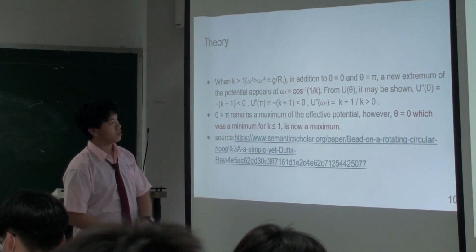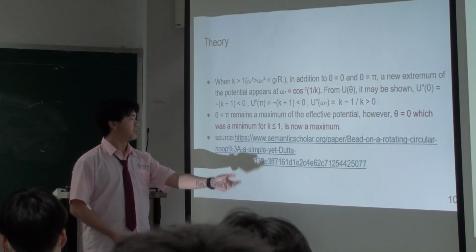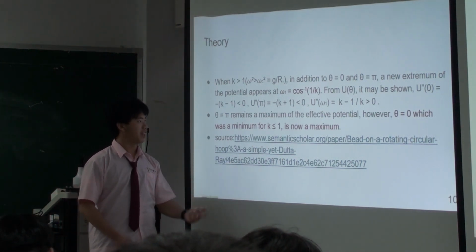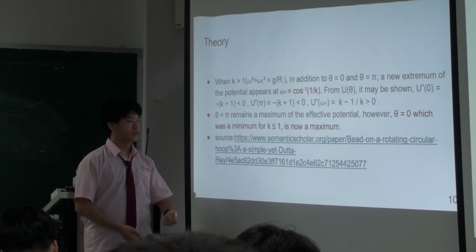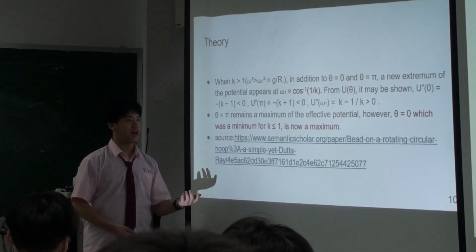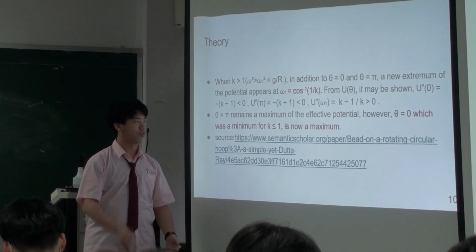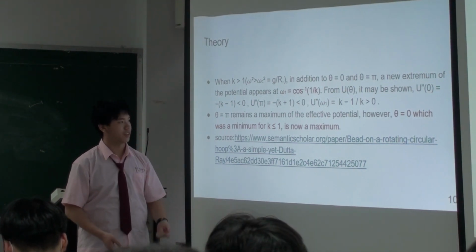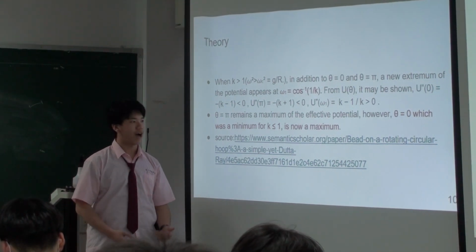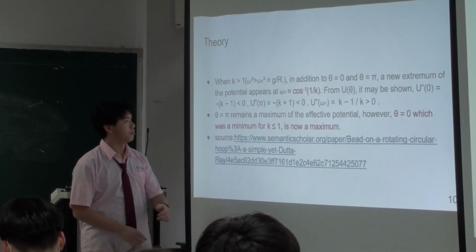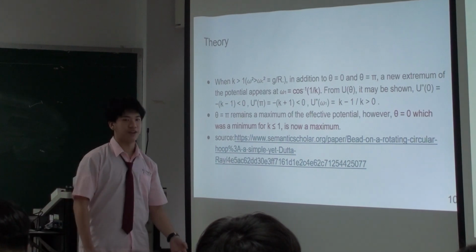For U theta, we can see that theta equals pi, when the bead is at the top of the hoop, remains a maximum of the effective potential energy. However, zero will become a maximum, and the minimum will be the arccosine point.